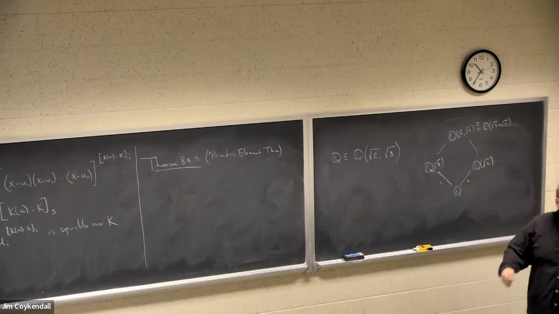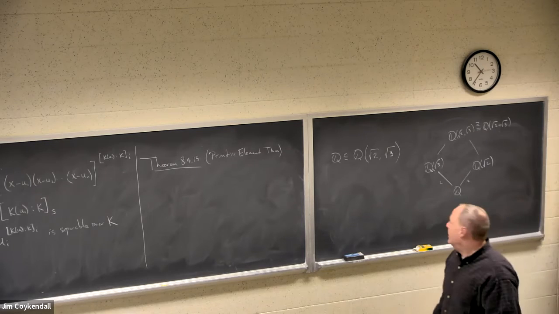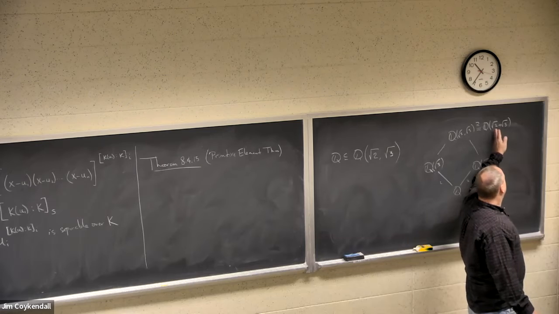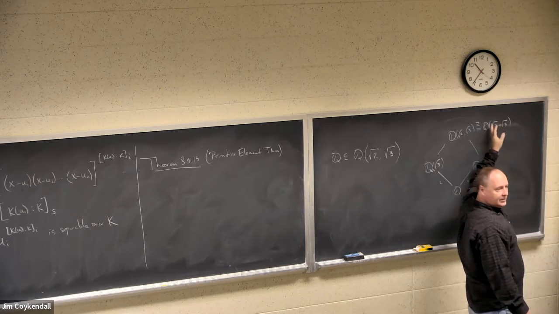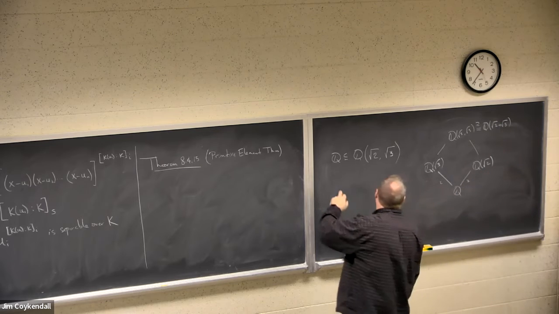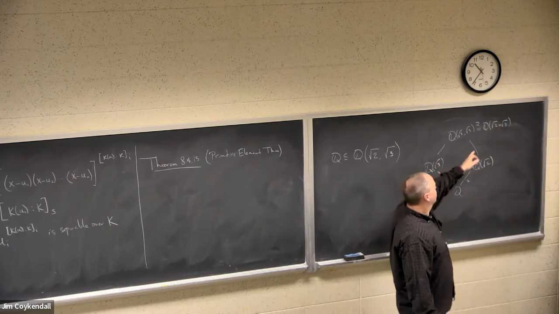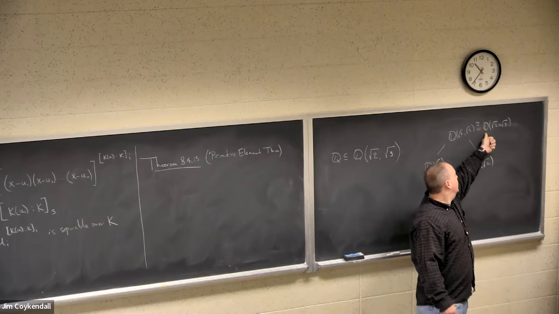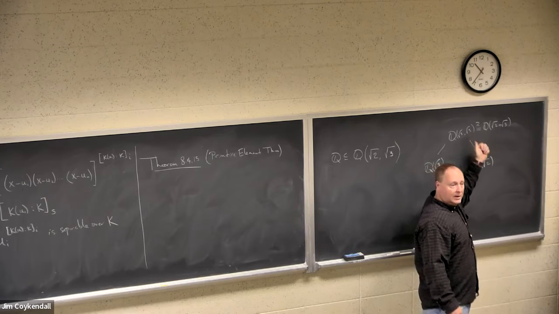The question is, is it big enough? Again, you could get on your horse and try to figure out some way I can write radical 2 in terms of the basis of this. I'm going to show that this has degree 4, and so it must contain this.